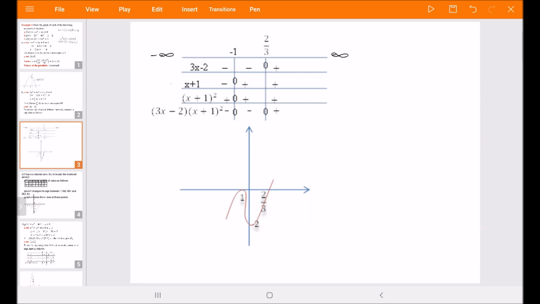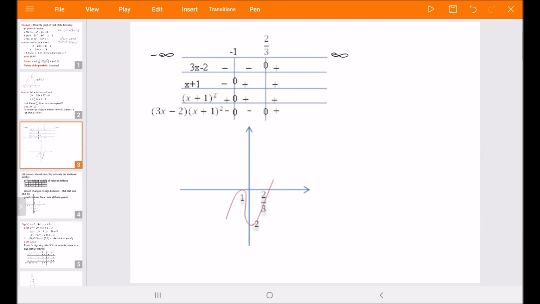The implication of this is x plus 1 remains negative in the interval from minus 1 down to negative infinity. So x plus 1 is negative. And what happens to the sign of x plus 1 for values greater than minus 1? You can take 2 over 3 as an example. 2 over 3 plus 1 is 5 over 3, which is a positive number. That means for values greater than minus 1, x plus 1 is positive.